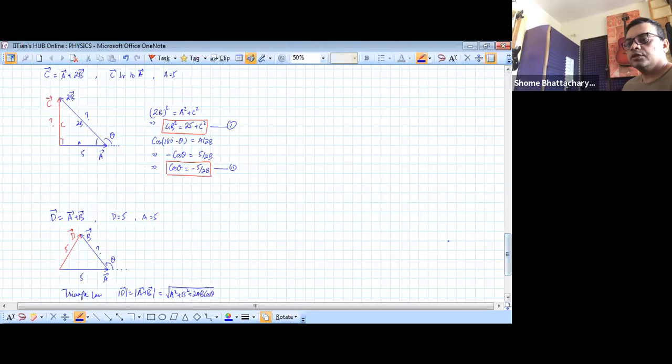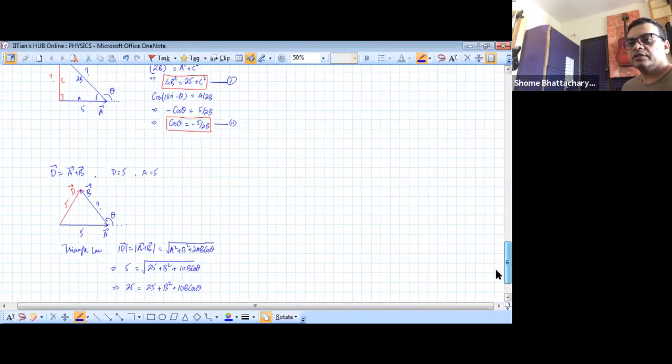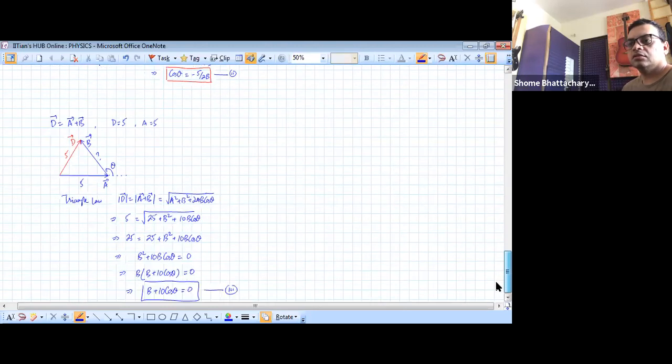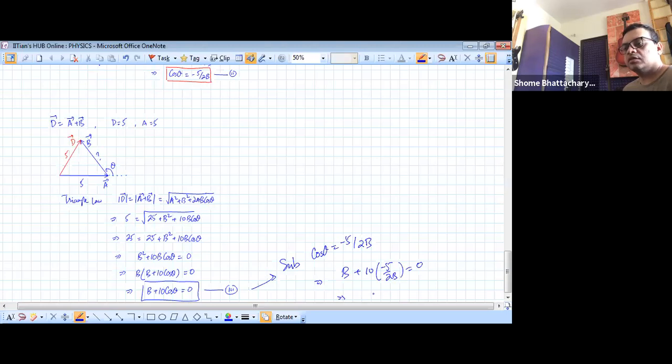So next step, what you can do is you can just substitute the information given in equation 2 in equation 3. So here substitute cos theta equal to minus 5 by 2B. So you get B plus 10 into minus 5 by 2B is equal to 0. So we will get B is equal to 25 by B square, sorry, by B.